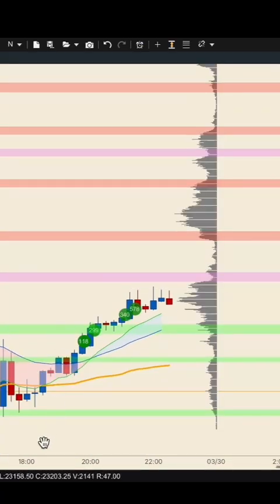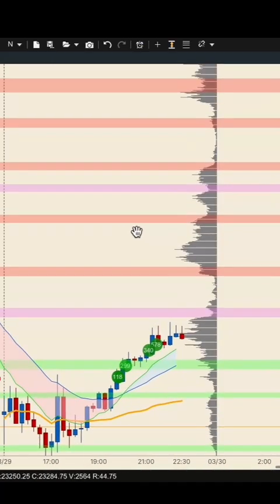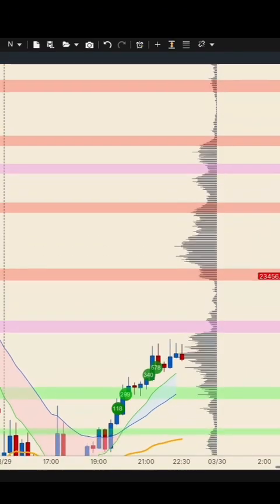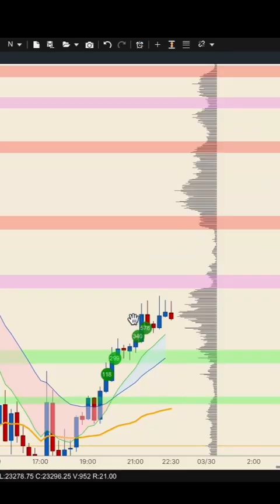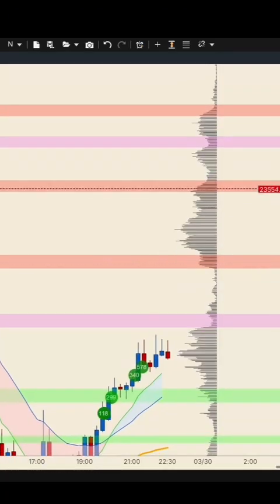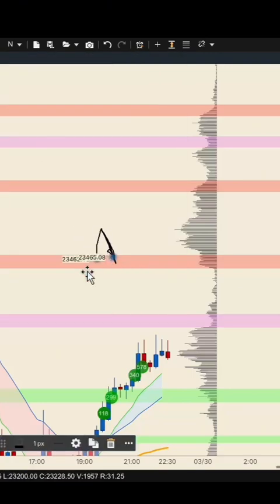So really you should be focused on around here, because right now we're in an uptrend. Once you get here, I'm going to try to long as it fully pierces the shelf, and then I want it to accept into the balance area, then come back here, and then I can try to long.